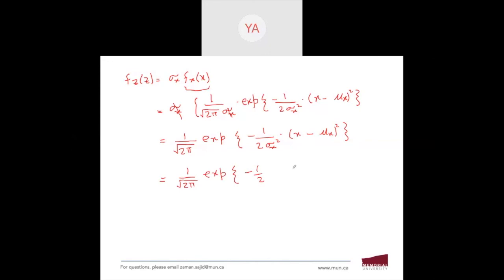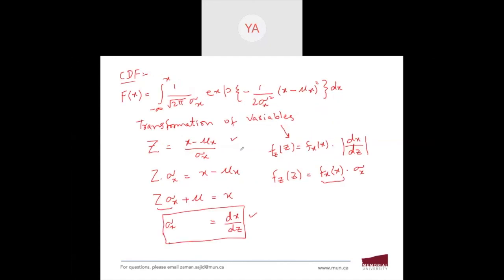Now I can combine these two terms, so I get x minus mu of x divided by sigma of x, all squared. This term we just discussed on the previous slide is equal to z.